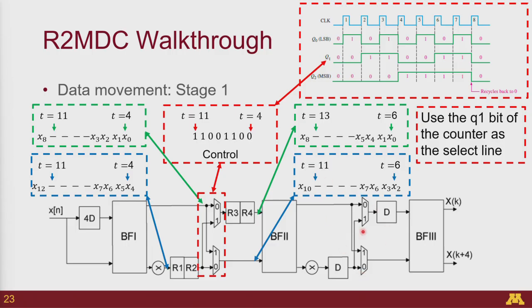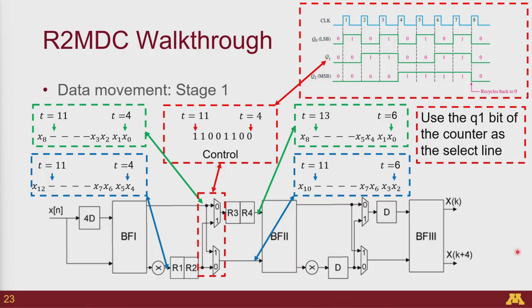In this case, the data will be x0, x1, x4, x5, and we would want to bring x0 with x1 in the top and bottom, and x4 and x5 in the top and bottom. So we would have a control signal which toggles every alternate bit.